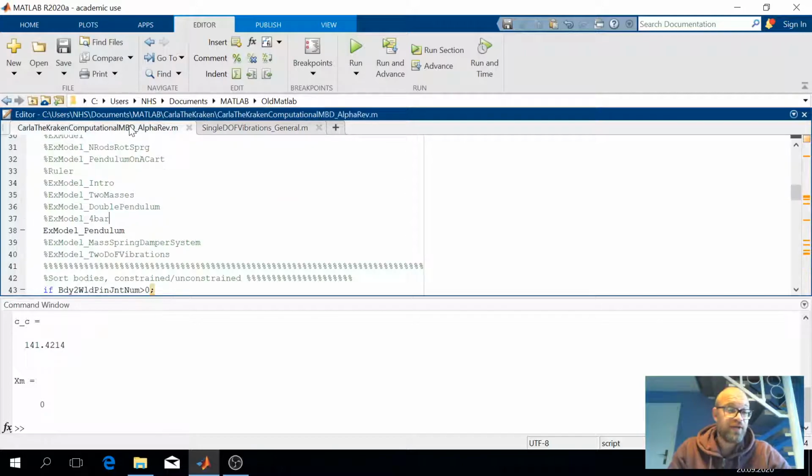Also, what I could do here is briefly go back to my Kraken and do the same system, which is contained in this model file here. Now I have numbed my pendulum above and we will run this file.